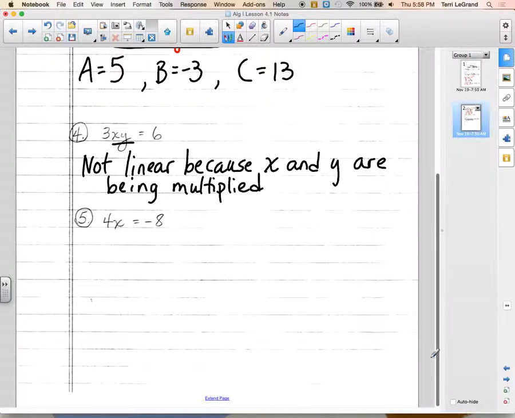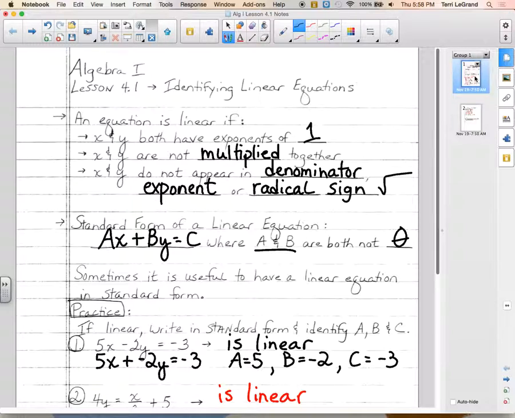Passes all the tests. Probably right now you're feeling like, how can it be linear because it's missing the y's? Remember, it does not have to have both the x's and the y's. Back in the front, we said where A and B are both not 0. So it didn't say one of them couldn't be. So in this case, the B value is actually 0.